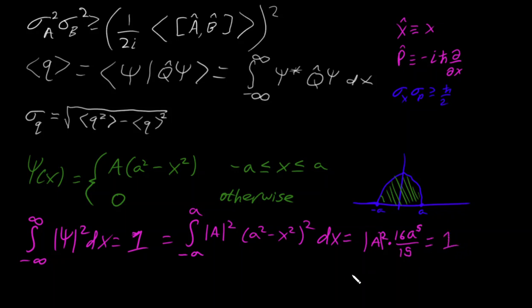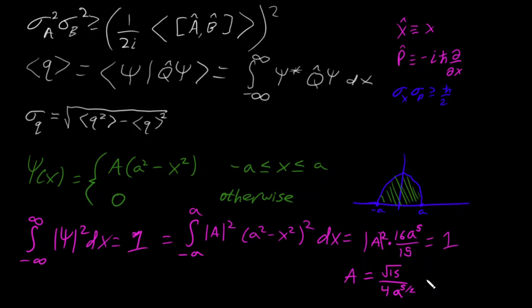So one possible answer for A, again, this is a magnitude squared, so this could be any phase, like an e to the i theta. But I'll just write the easiest answer: the square root of 15 over 4a to the 5/2 power. If you just take the square root of this, you divide the exponent by 2.